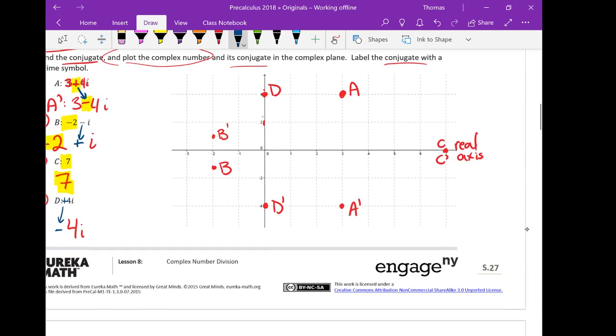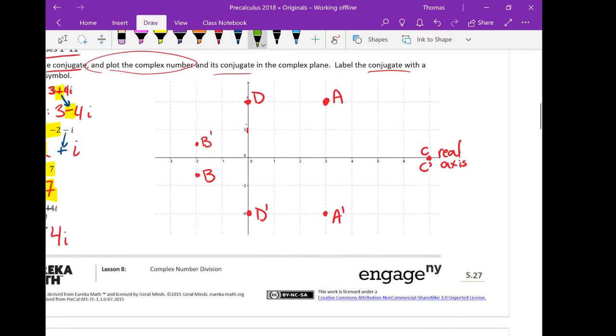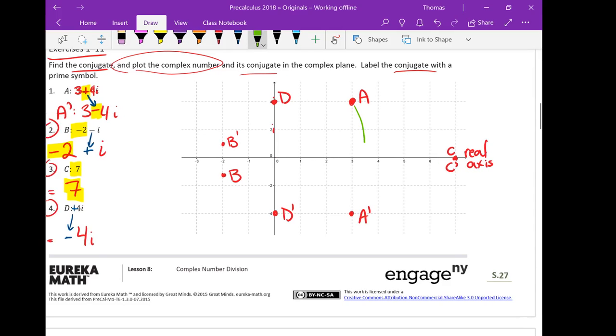So then I graphed all our results here, and let's start to look for patterns or what's happening geometrically as we take the conjugate of each of these numbers. So I'm noticing as we go from each one to its prime, a to a prime, d to d prime, b to b prime, and then c to c prime, it seems like all of our points are changing sides.